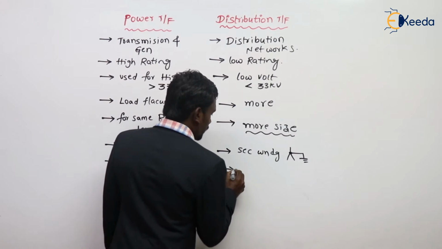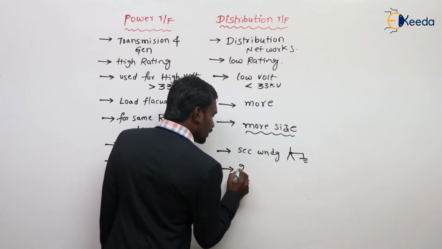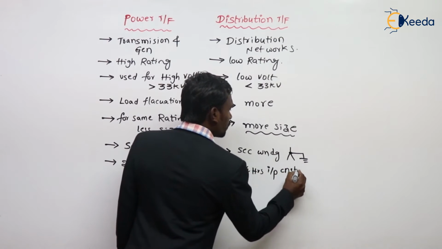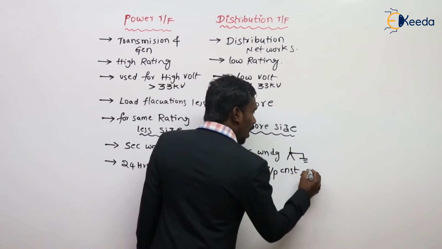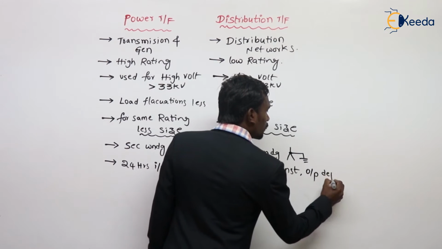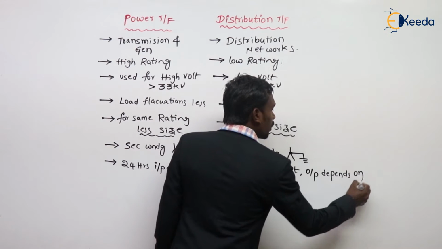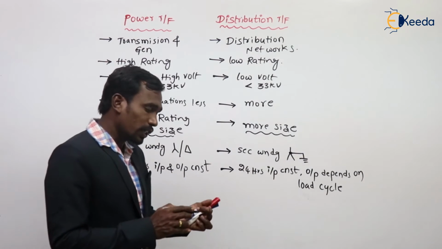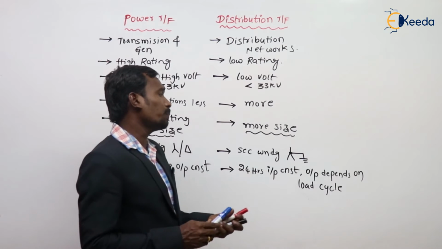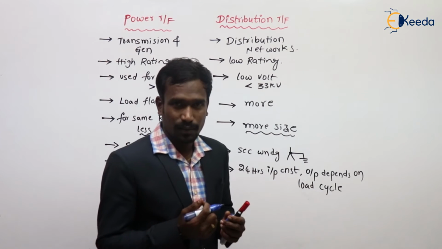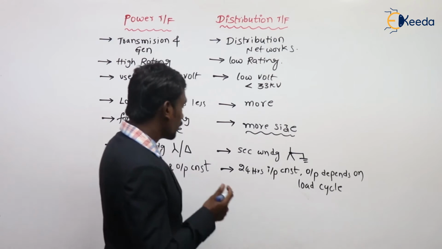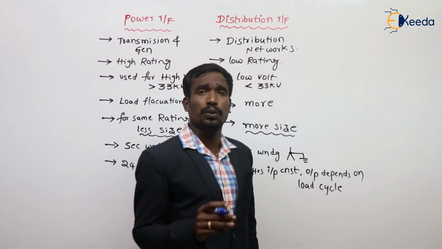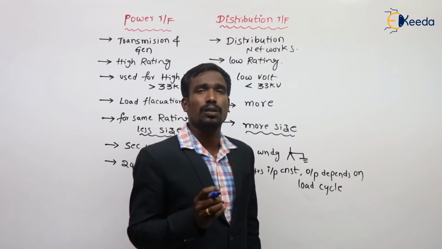But in a distribution transformer, for 24 hours input is constant, but output depends on the load cycle. Yes or no? Here for 24 hours input and output is constant, but here output is not constant. Early morning very high output, afternoon slow, normal output.